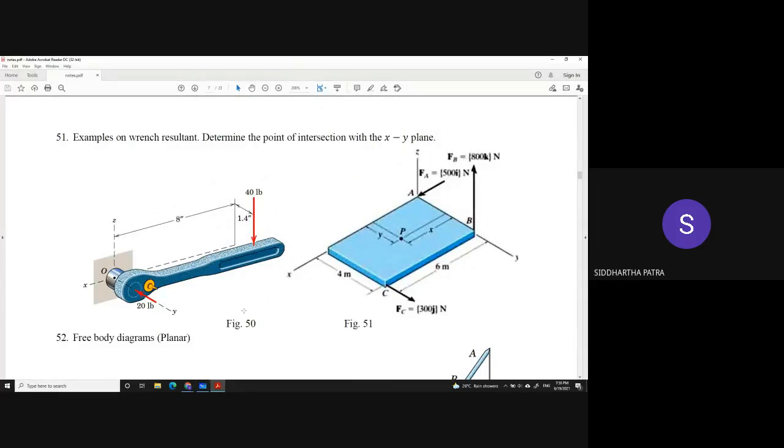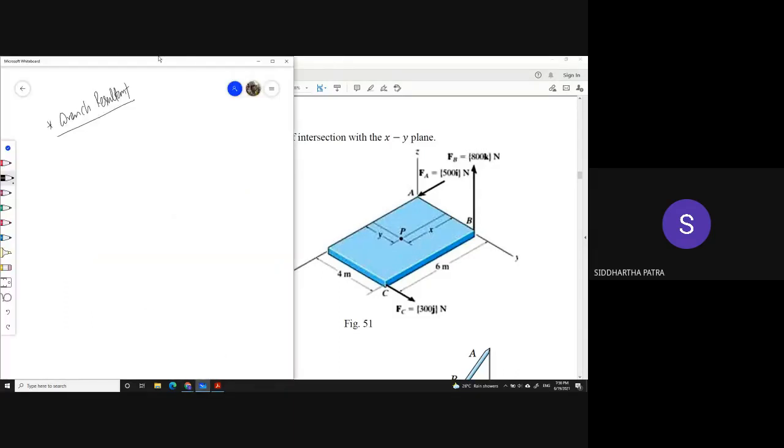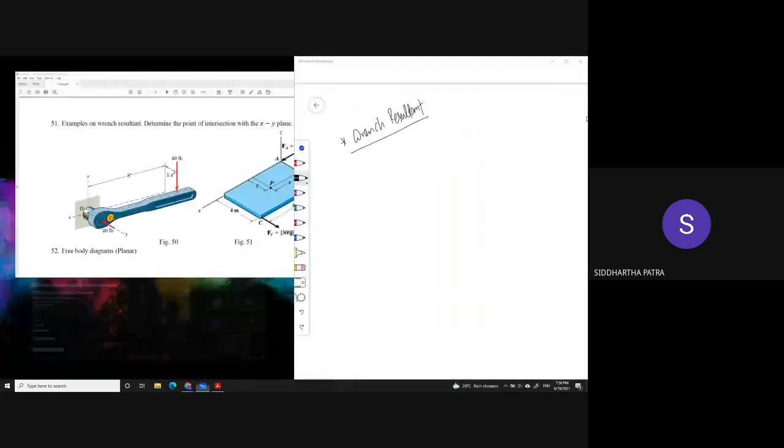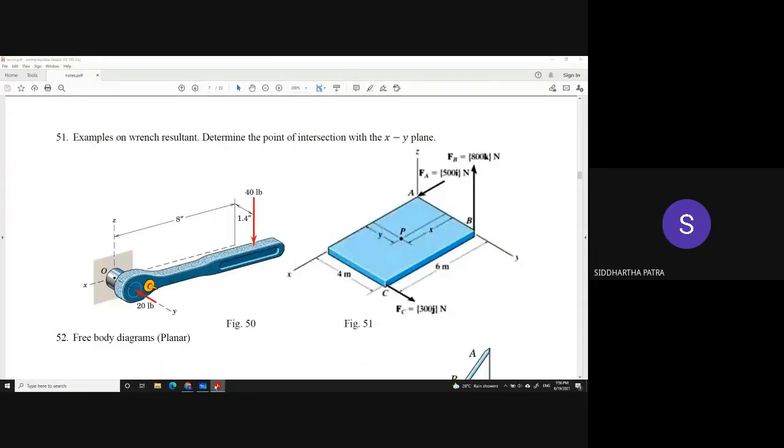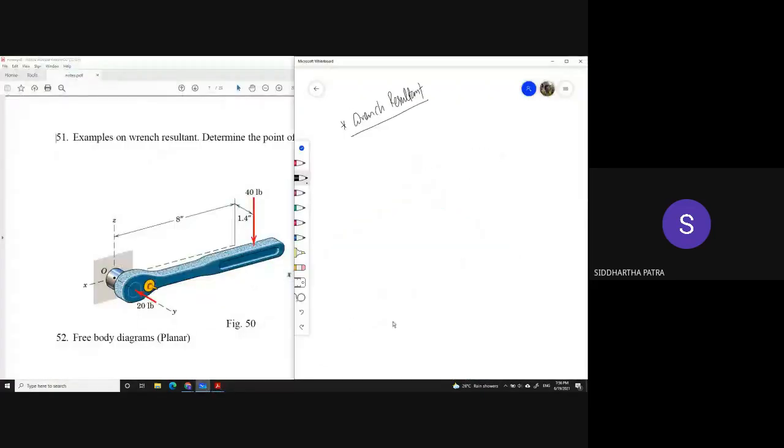Look at problem number 50. Only a couple of forces there. The dimensions are in inches. Can you try to get the equivalent force system about O?